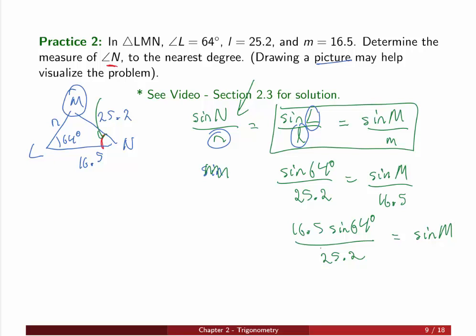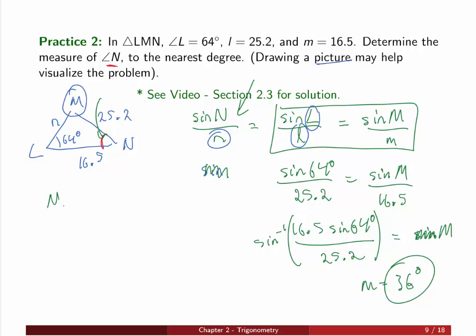You're going to take the inverse sine function of both sides, and you're going to be left with just m. When you plug this in your calculator, 16.5 times sine of 64 divided by 25.2, the answer will come out to be, to the nearest degree, 36 degrees.